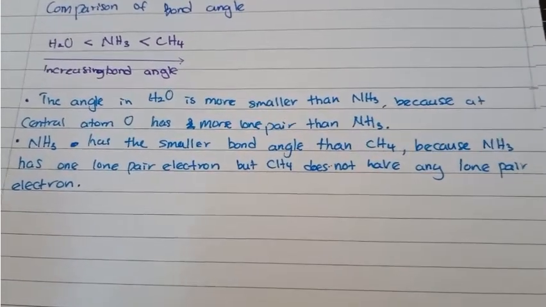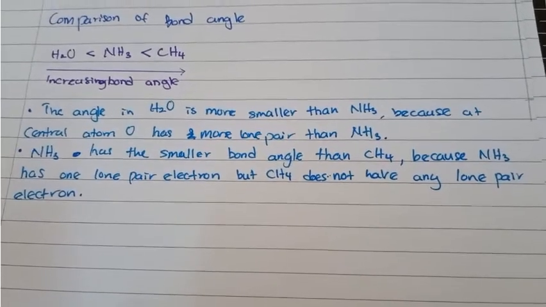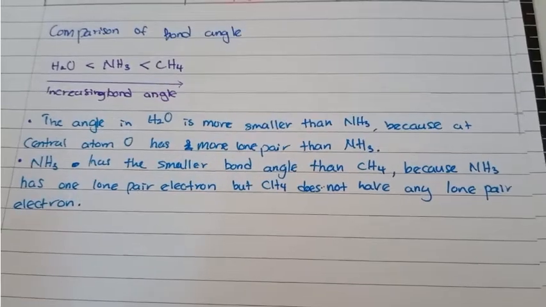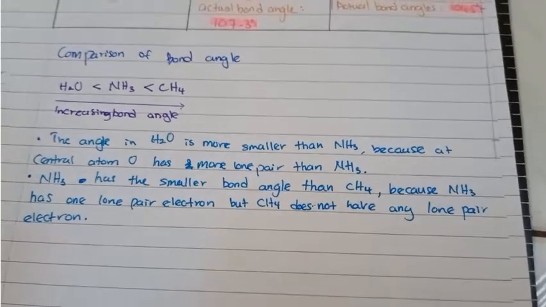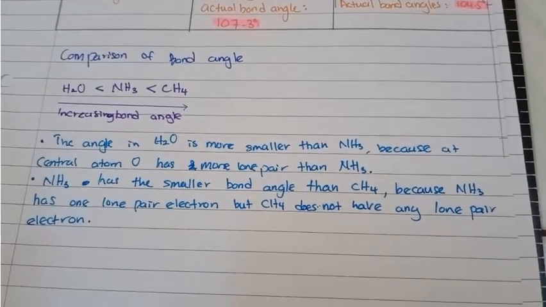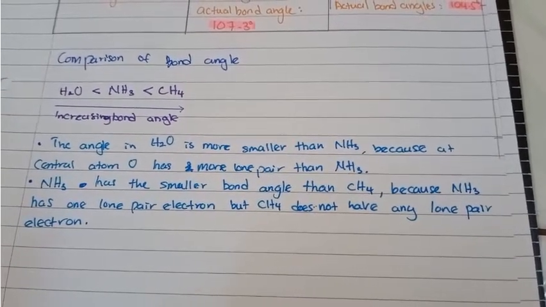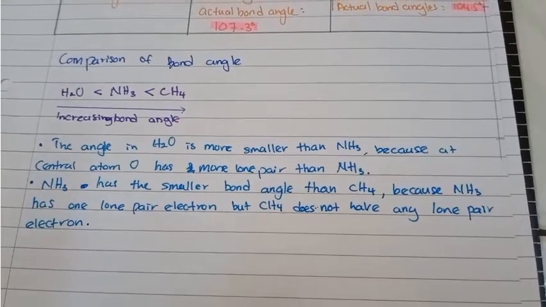Next, NH3 has a smaller bond angle than CH4. Why? Because NH3 has 1 lone pair of electrons, but CH4 does not have any lone pair electrons. So that's all from me.